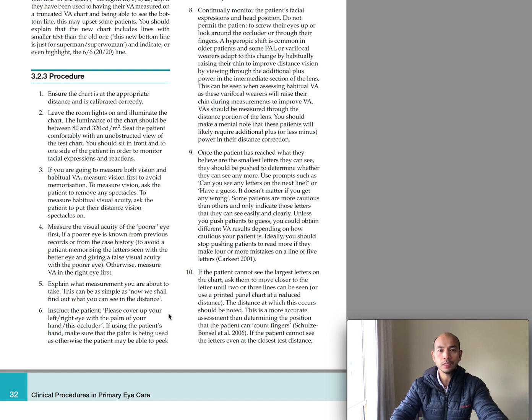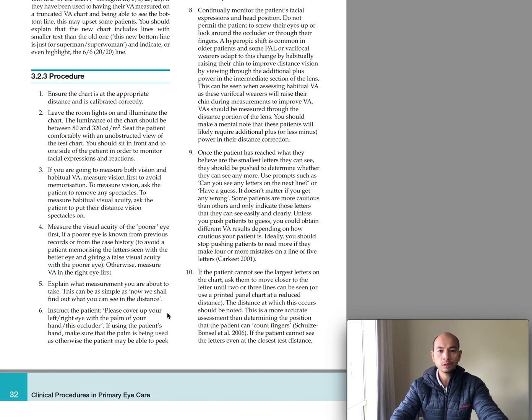This can be seen when assessing habitual VA, as these varifocal wearers raise their chin during measurements to improve VA. VA should be measured through the distance portion of the lens. You should make a mental note that these patients will likely require additional plus or less minus power in their distance corrections.